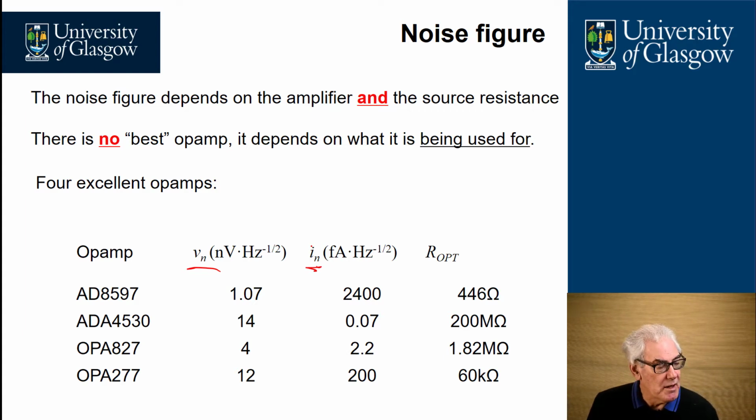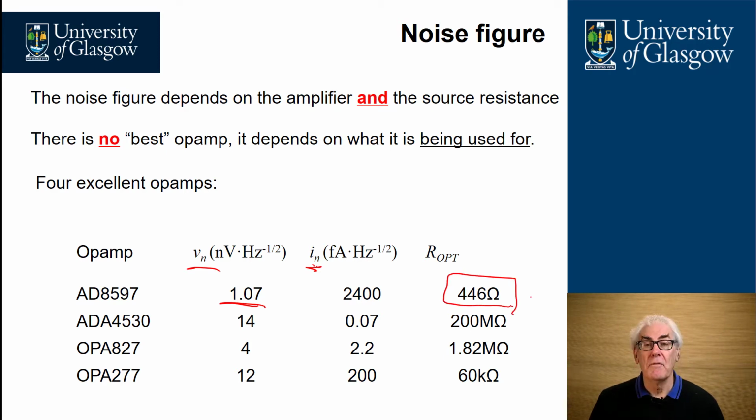So in the first one, dividing the noise voltage, which is 1 nV/√Hz, by the noise current, we land up with an optimum source resistance here of 446. That amplifier has a bipolar input stage, and so the noise current is relatively high. Whereas if we look at perhaps the OPA827, it has a much lower noise current.